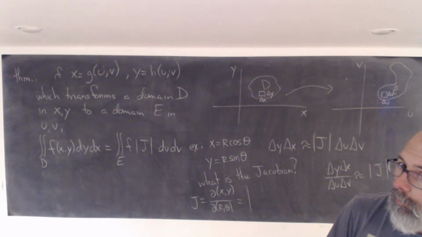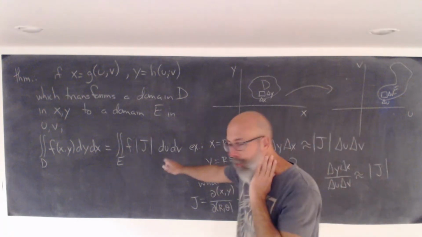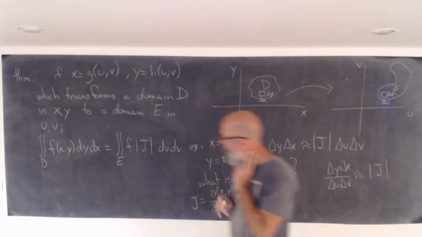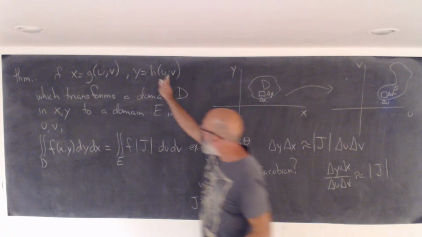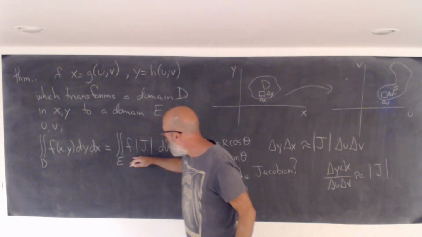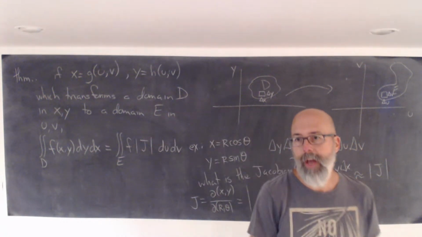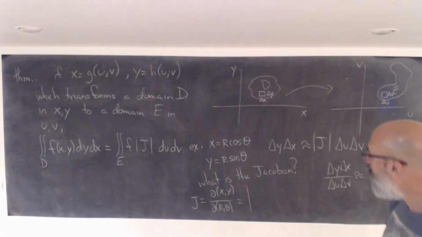Or better yet, this is the theorem. When you're making a change of variables, you have to throw in the absolute value of the Jacobian.